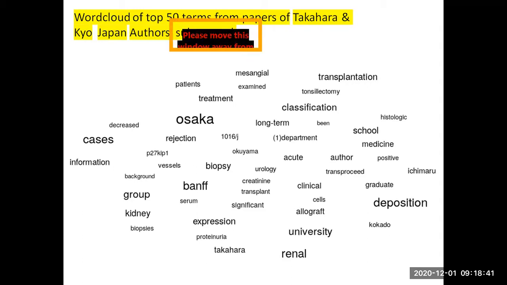Rejection is also there, but comparatively, the word deposition is more prominent. Is it the reason that this network is isolated from the Japanese network? This could be one reason among the specialities.